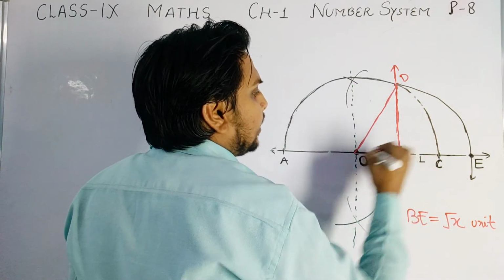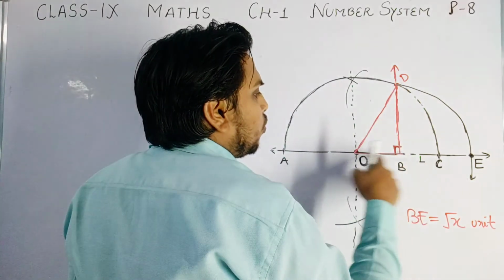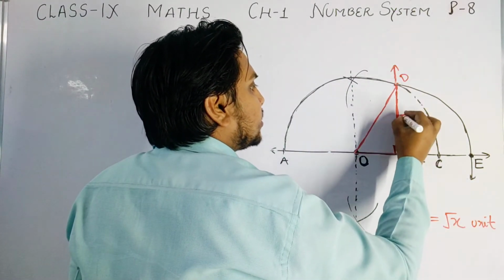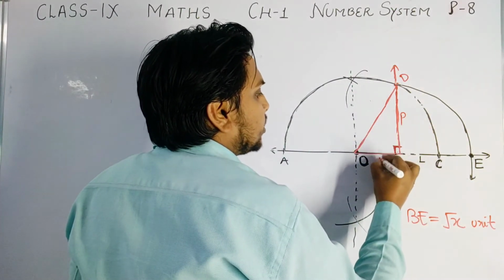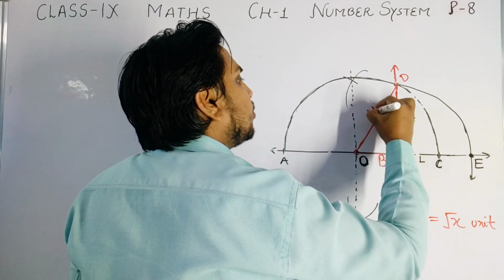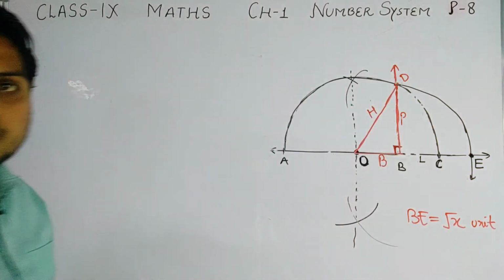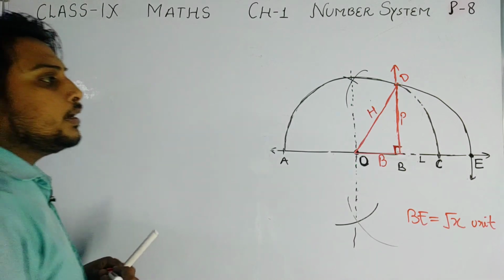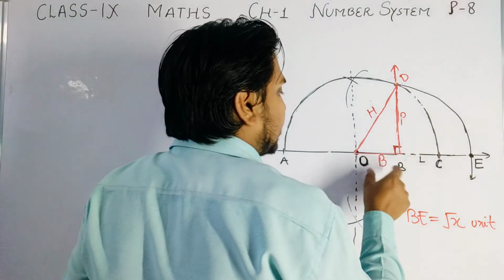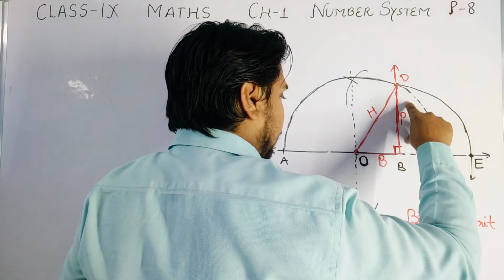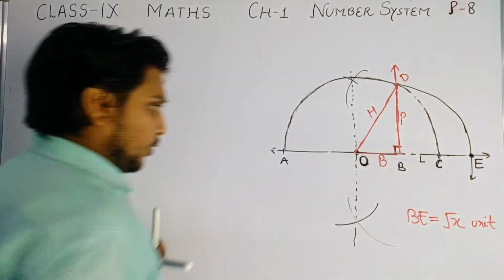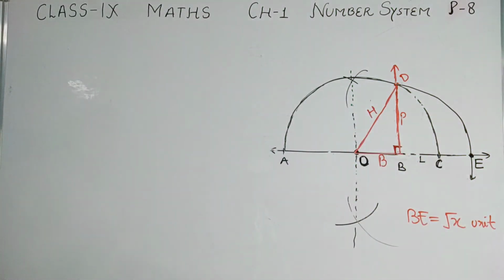So in this right angle triangle OBD, is it clear to everyone? In this right angle triangle, this is your base OB, this is your perpendicular BD, and this is your hypotenuse, that is OD.